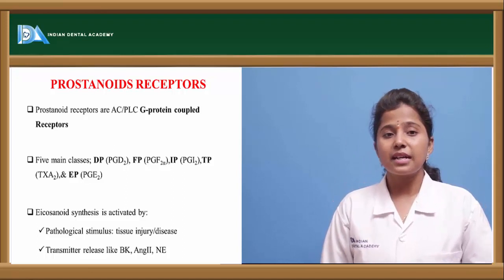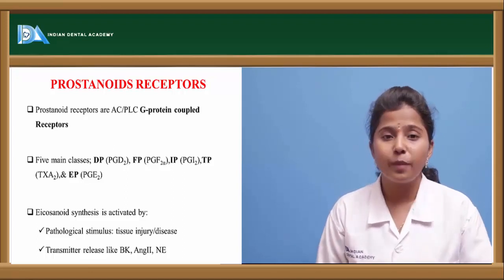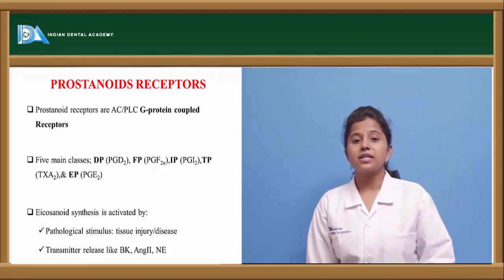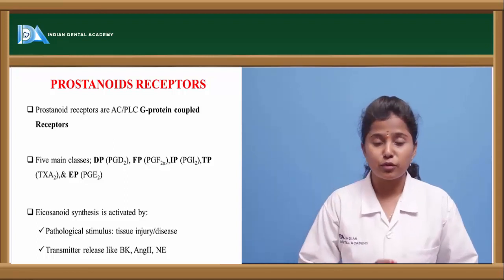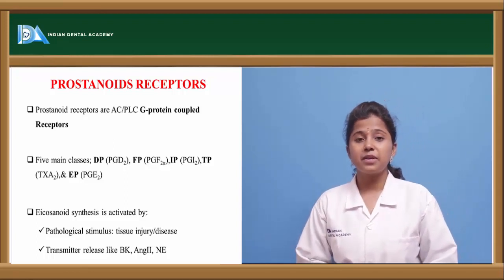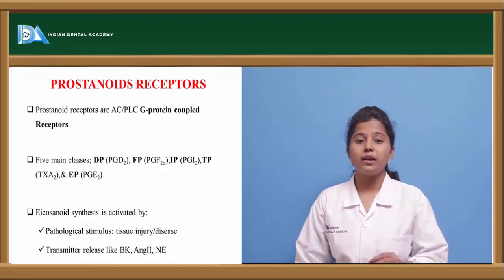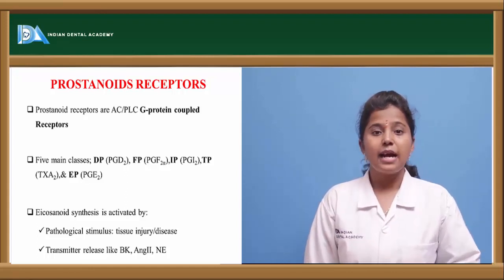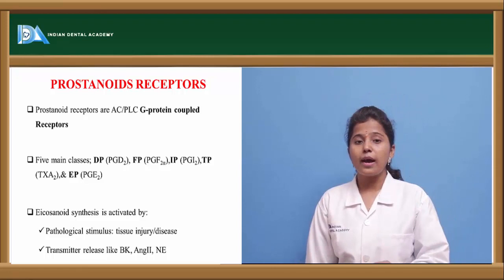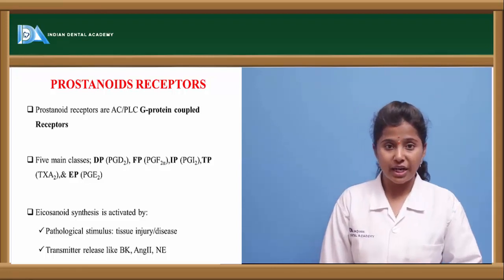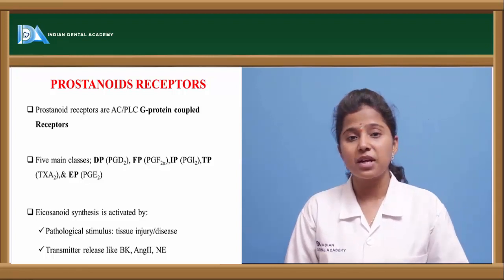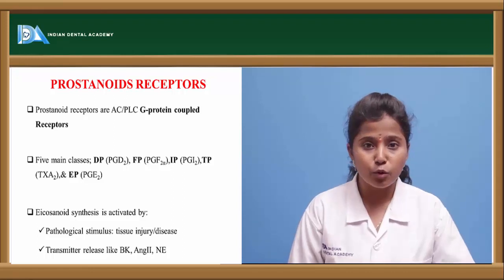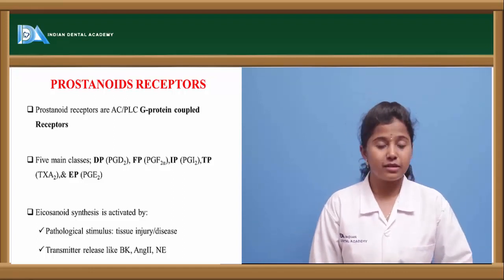DP receptors are the receptors where PGD2 binds. EP receptors are those where PGE2 type of prostaglandin binds, and FP receptors are those where PGF2 alpha binds. IP receptors are those where PGI2 type of prostaglandin binds, and TP receptors are those where thromboxane type of prostanoids bind and exert their actions.